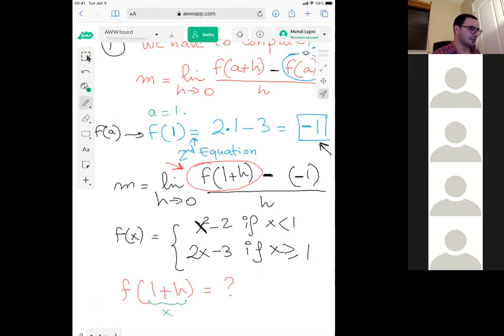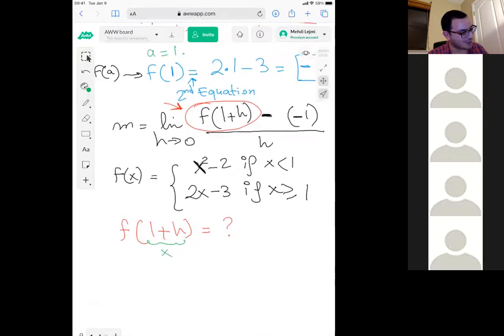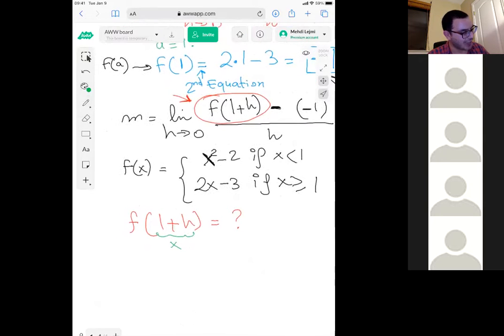Larger. Nope. It would be equal to 1. Nope. 1 plus h actually depends. Because again, your h goes to 0, right? So it's gonna be 1 plus 0.